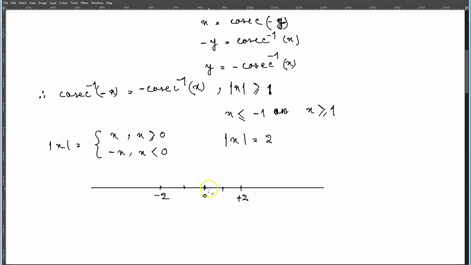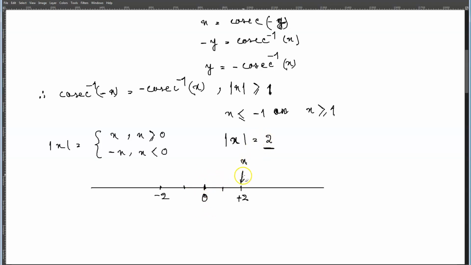So that is positive 2. That means that if I take 0 on the number line, x is at a distance of 2 units from that 0 mark on the number line.